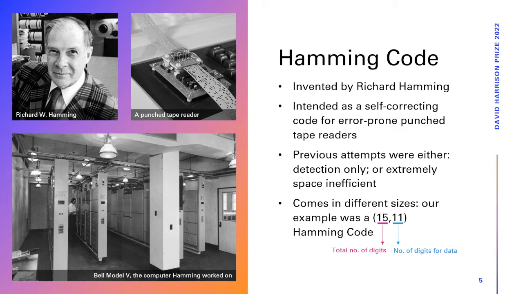Hamming code was invented by Richard Hamming. He originally intended it as a self-correcting code for error-prone punch tape readers. In the 1940s, Mr. Hamming worked on a computer called Bell Model 5. This computer takes input through punch tapes.